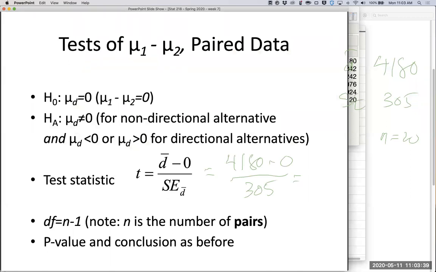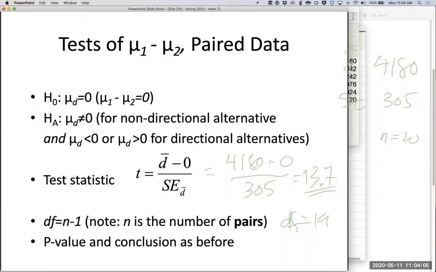Let's do the calculator. 4180 divided by 305 gives me 13.7. Now, by now, you should have an inclination that 13.7 is so off the charts for degrees of freedom equal 19 that we know what we're going to conclude. You're going to end up rejecting the null hypothesis.